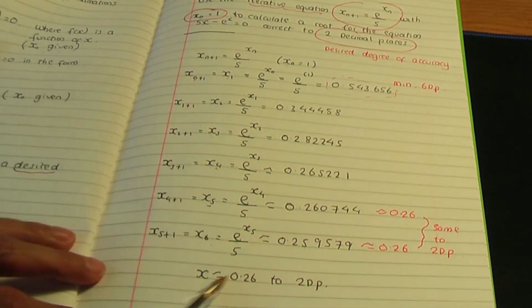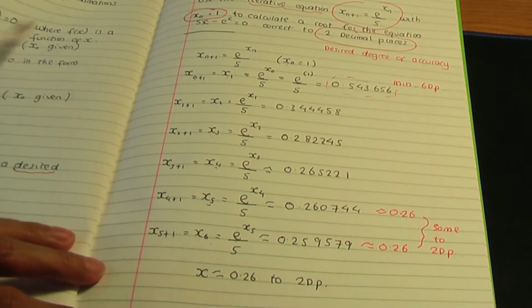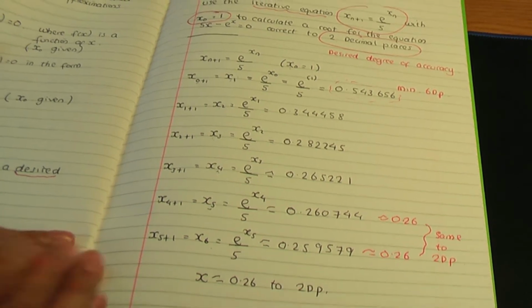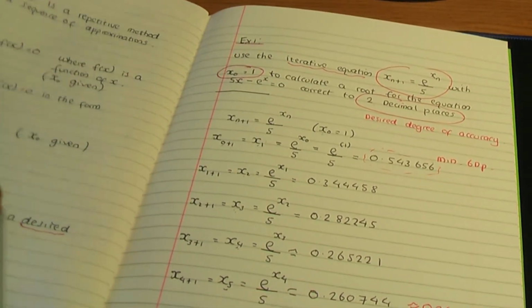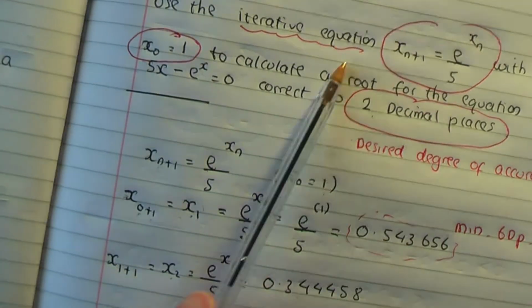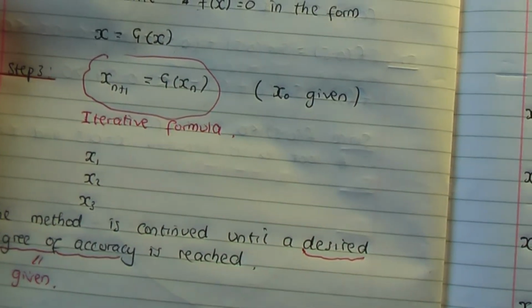Okay, so that is how the iterative equation or the iterative formula works. And just in case the equation is not given to you, you can form this equation using these steps as I explained earlier.